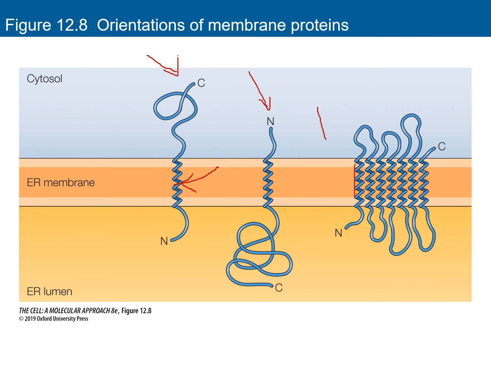If you go from the N terminus towards the C terminus, that's the direction of the first helix, and the direction of the second helix is opposite, and then the third one is opposite, and then the fourth one is opposite. So they're going in an anti-parallel way, because it's going through the membrane multiple times. The alpha helices are anti-parallel to each other.